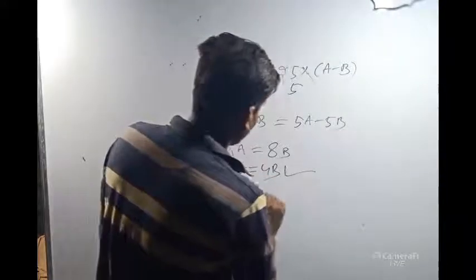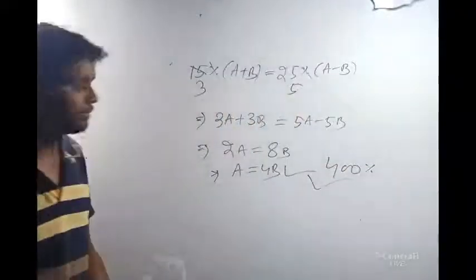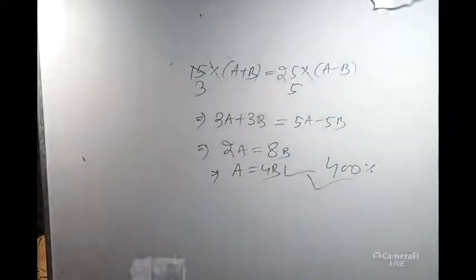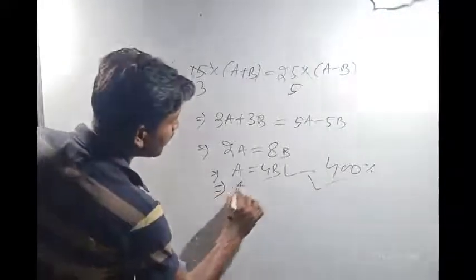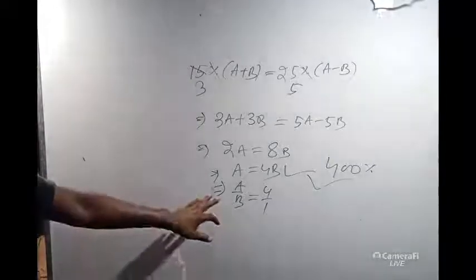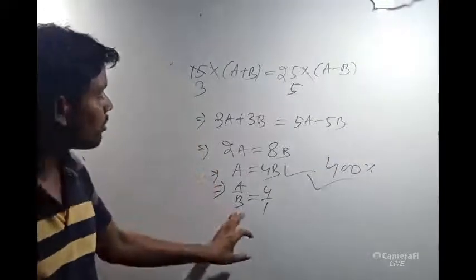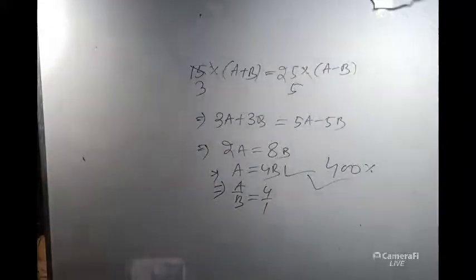This means 400%. Also you can write a by b equals 4 by 1, which means a is 400% of b.